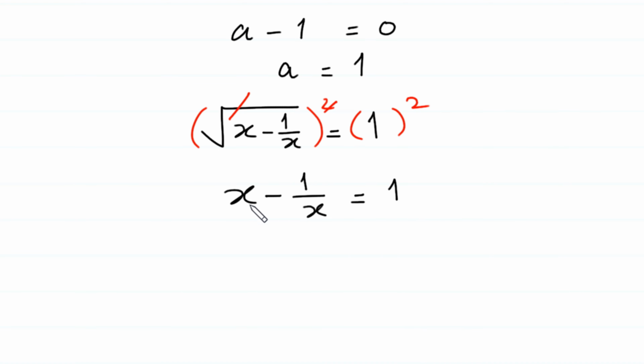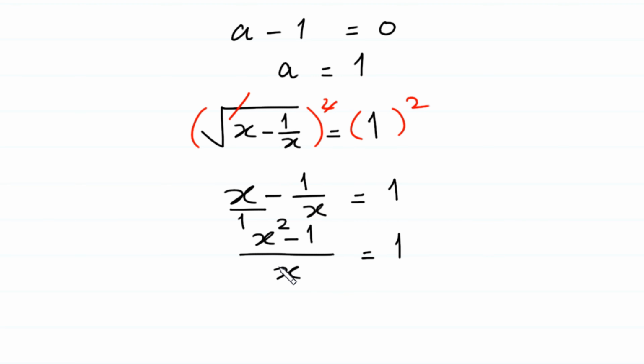Next, we can write the denominator of this x as 1, and we take LCM of 1 and x. LCM of 1 and x is x, and if we divide this x by 1 we get x, and x times x is x square. This minus will come here, and if we divide this x by this x we get 1, and 1 times 1 is equal to 1.